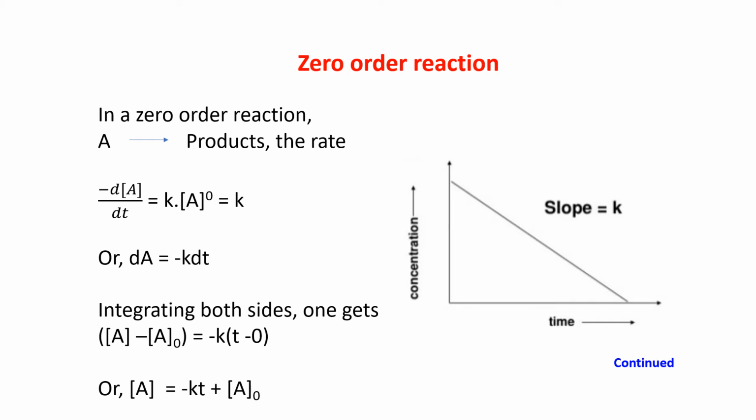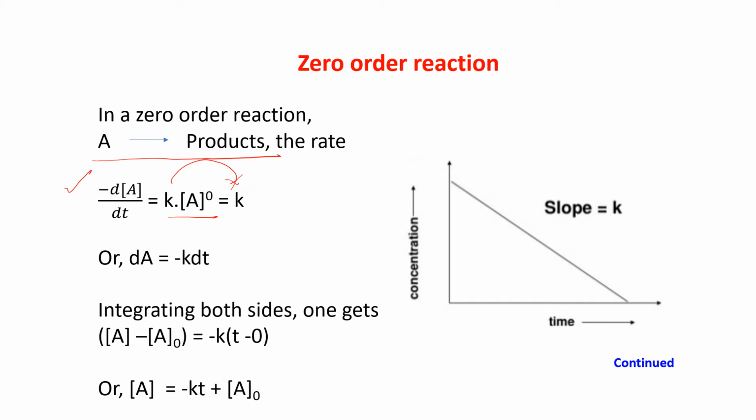In a zero order reaction, where A is giving you product, the rate is given by minus dA by dt. This is the rate of a reaction, you know. Minus dA by dt is equal to k A to the power 0, as I told you, and it is equal to k.